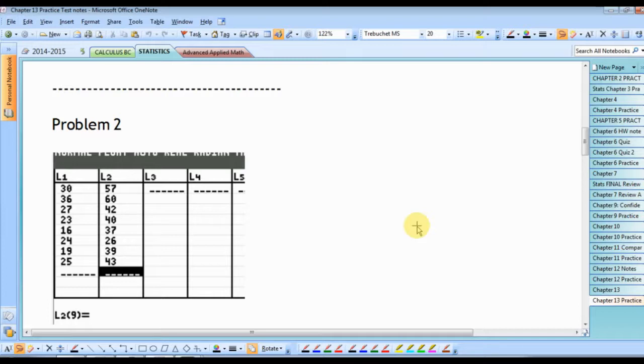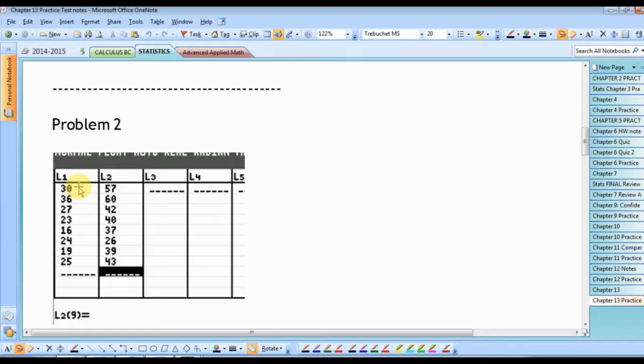The economist wants to study the relationship between disposable income and the money that a family spends on food every year. Random sample of 8 families, we have some data. And the first thing we're going to do with this is, of course, put our alleged explanatory variable in L1 and our alleged response variable in L2.